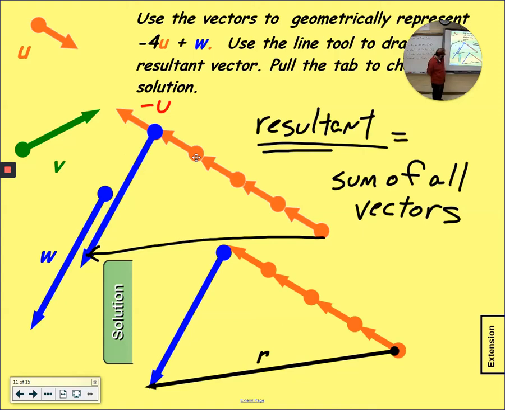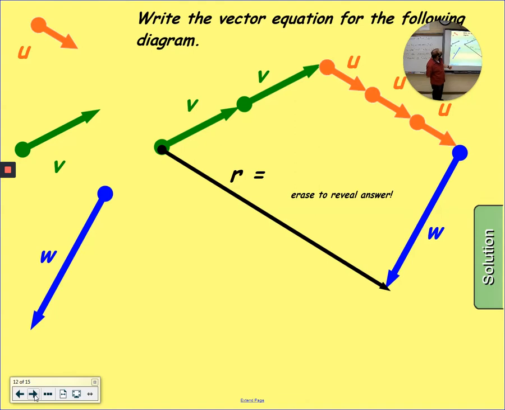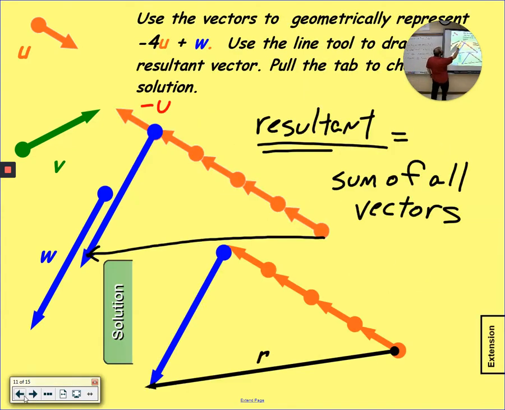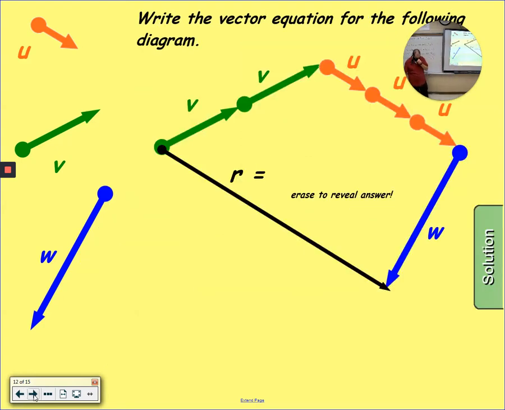Okay, moving on. Let's look at the algebra side. Actually, before you do that, I would like you all to write me a vector equation for this. Like a minute ago, the vector equation for this one was negative 4u plus w. Write me an equation there.